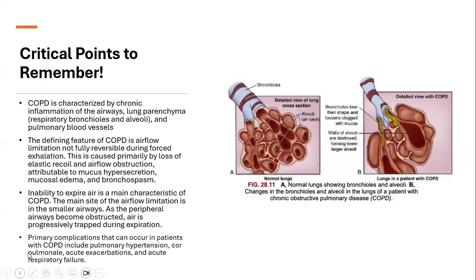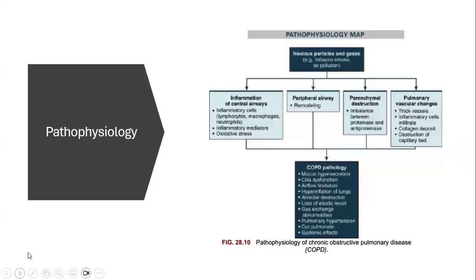Okay, the next one, we're going to look at the pathophysiology, which I believe you already watched in a video before. COPD, like I said before, is characterized by persistent respiratory symptoms and also airflow limitation that is not fully reversible.